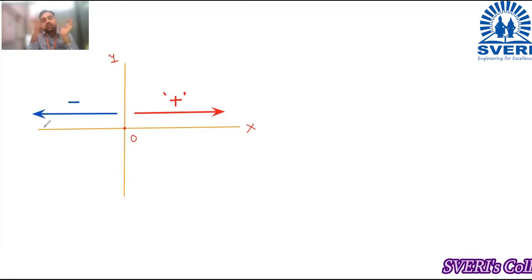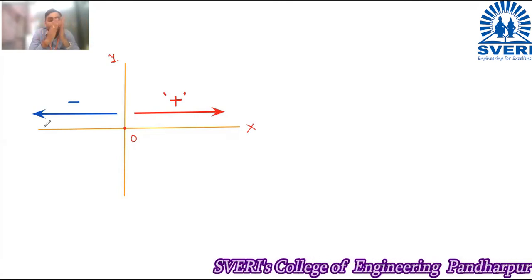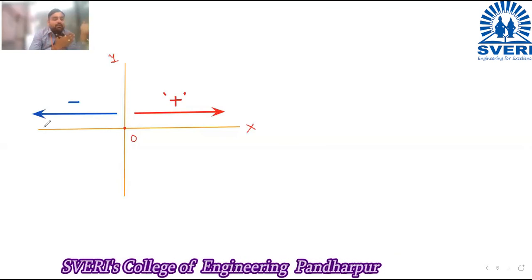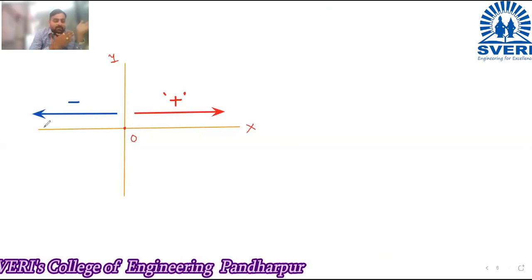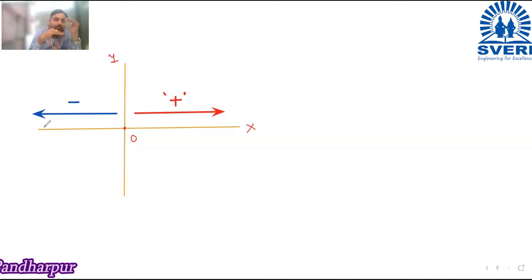I am talking about horizontal forces right now. If the horizontal force is moving towards right, it is plus. If it is moving towards left, then it is minus. Is it clear? Yes, sir. Now we will talk about the vertical forces.